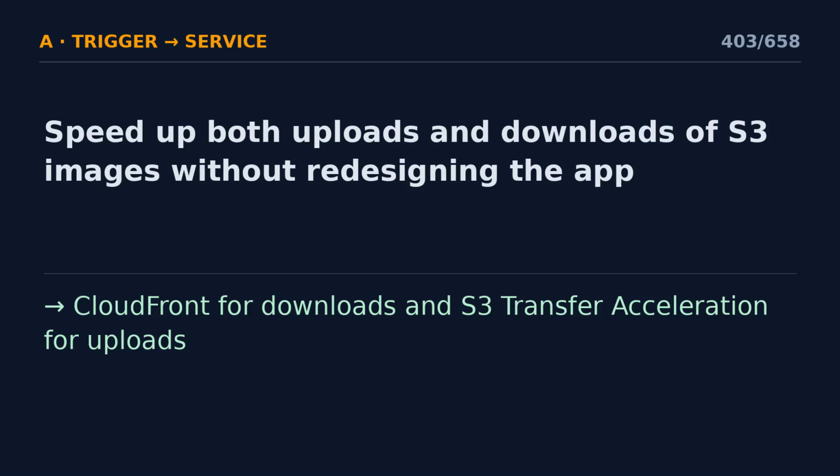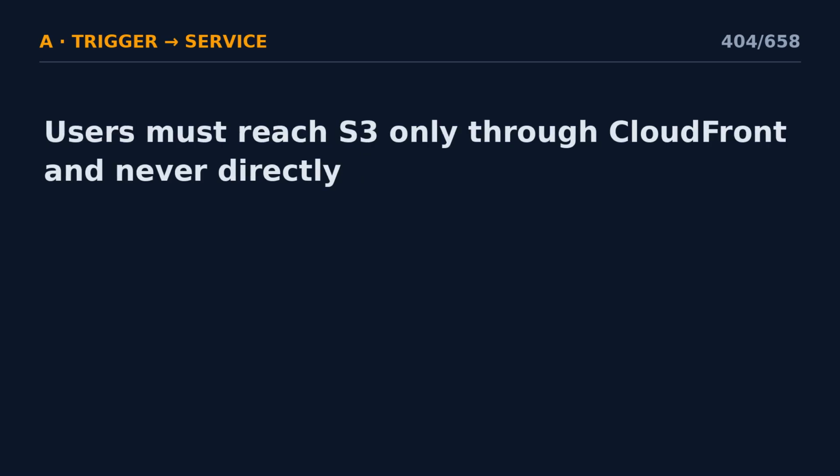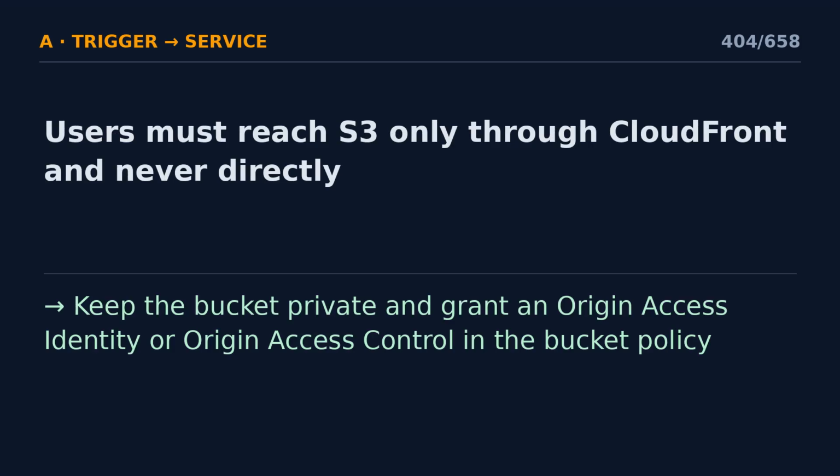Answer: CloudFront for downloads and S3 Transfer Acceleration for uploads. Users must reach S3 only through CloudFront and never directly. Answer: Keep the bucket private and grant an origin access identity or origin access control in the bucket policy.